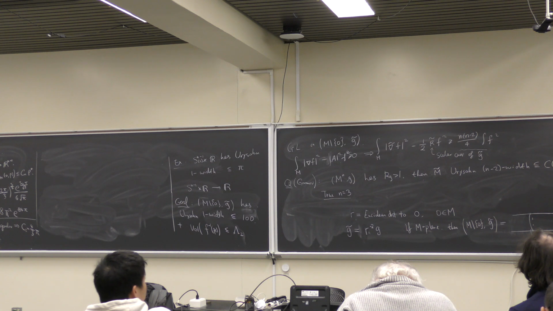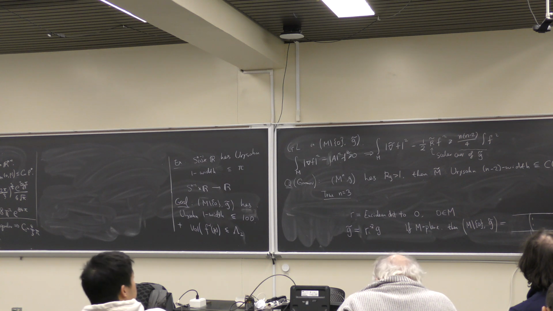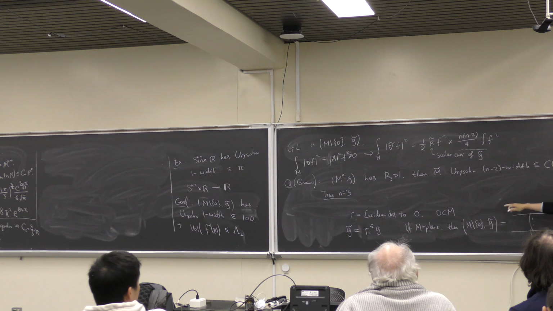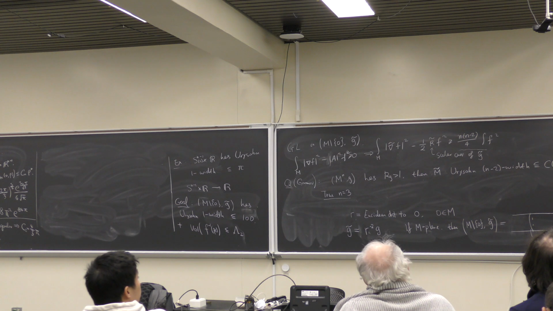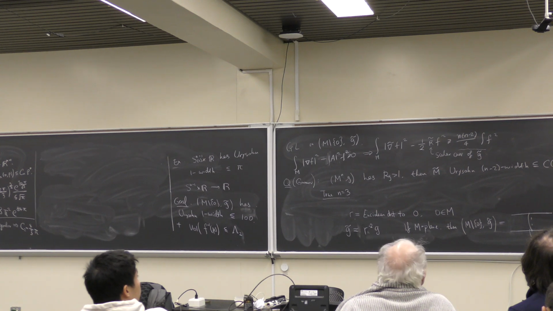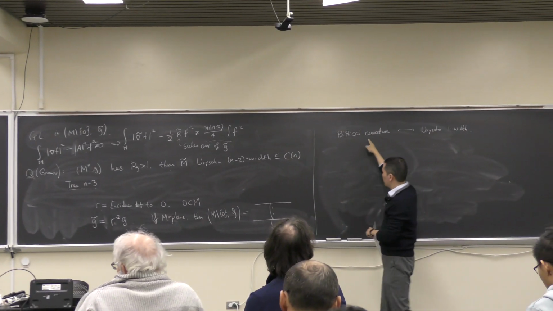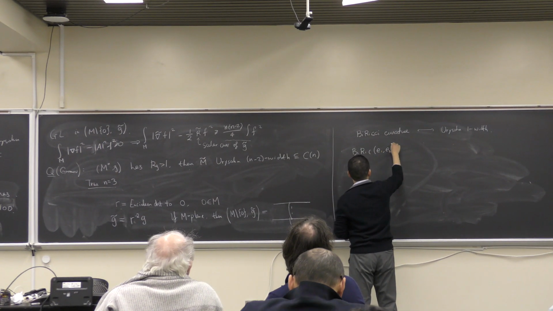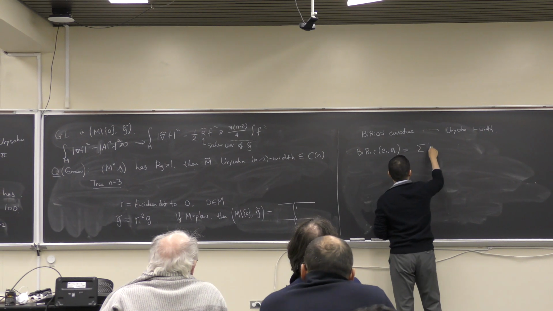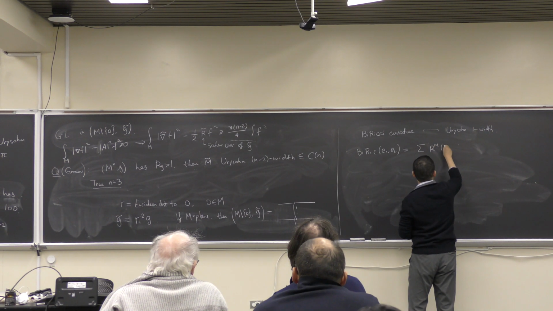The upshot is that the right curvature for the Urysohn 1-width should be the so-called bi-Ricci curvature. Let me quickly define what it is. Bi-Ricci curvature depends on two orthogonal directions, and it is just the sum of the Riemann tensor components involving either e1 or e2.